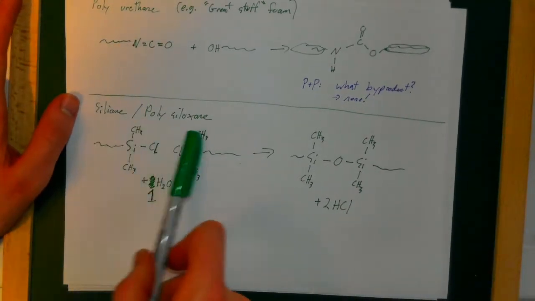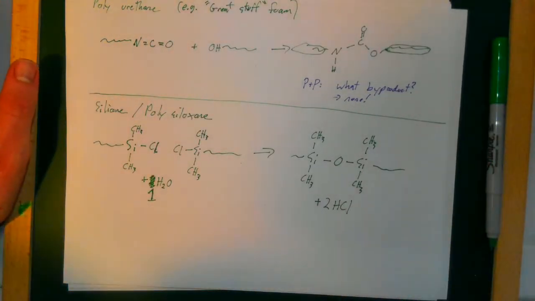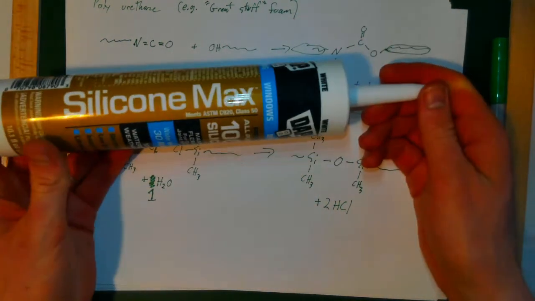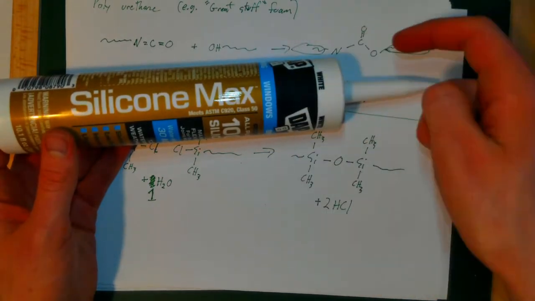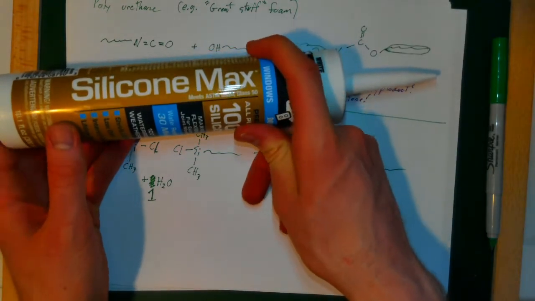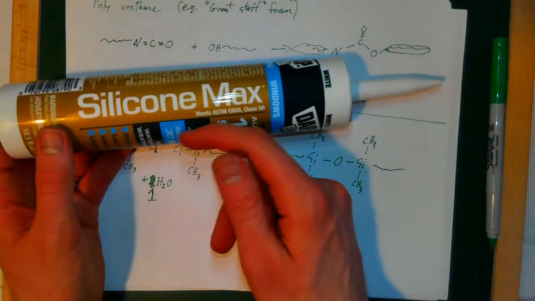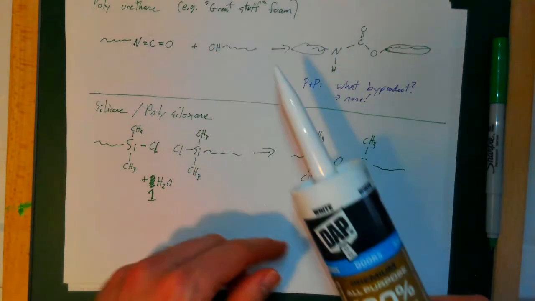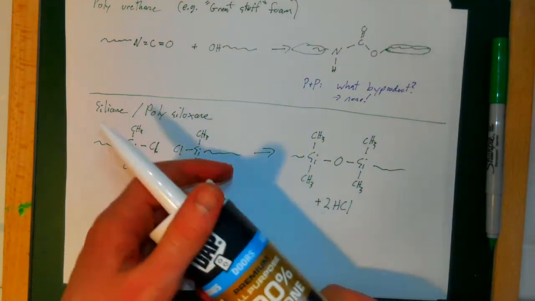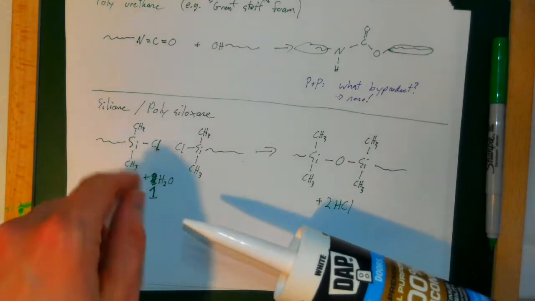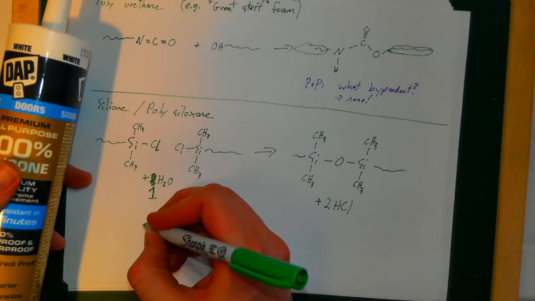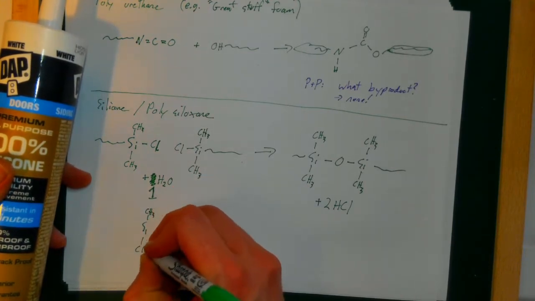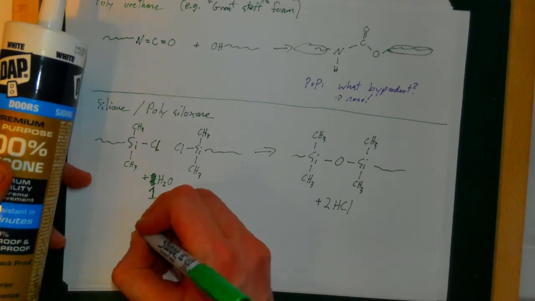Now, you might have encountered silicone in your everyday lives. Silicone caulk is that white gooey stuff that seals off the edges of your bathtub against the ceramic tile or whatever else is around your shower or bathtub. What's nice about silicone is that in the tube I just have a whole bunch of molecules that look like this: silicon, CH3, CH3, and then two chlorines on the side.